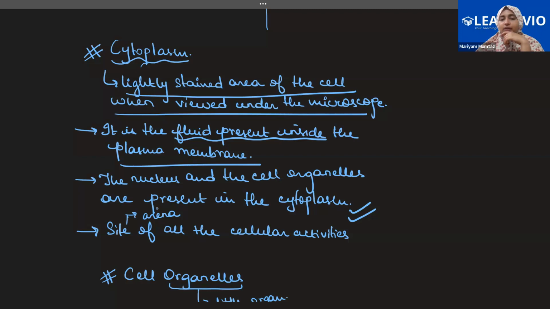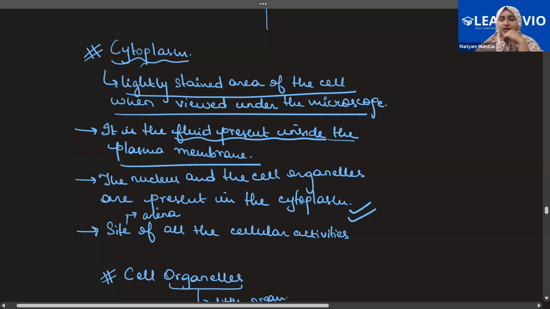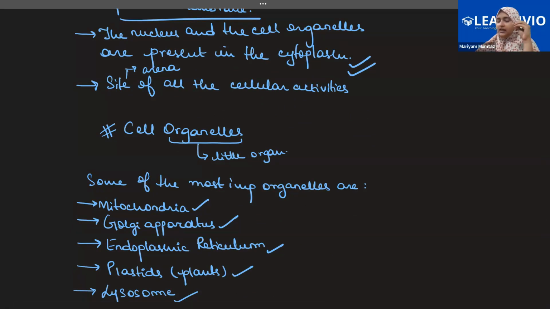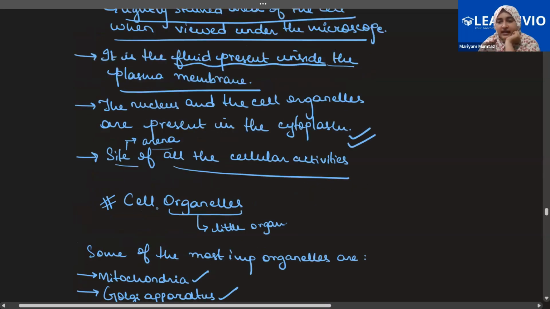Now, it is a fluid present inside the plasma membrane. It is a fluid-like substance which is there in the plasma membrane. The nucleus and the cell organelles are present in the cytoplasm. Every single cell organelle is present in the cytoplasm. And cytoplasm is the site, or you can say the arena, of all the cellular activities, meaning all the activities of the cell take place in the cytoplasm area only.